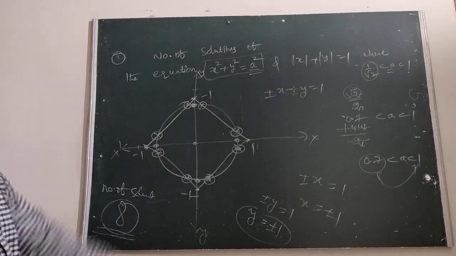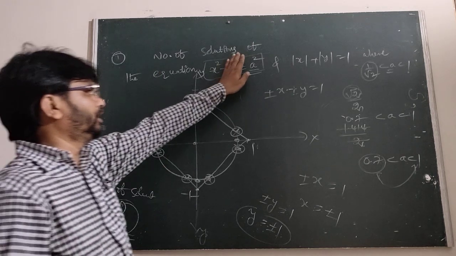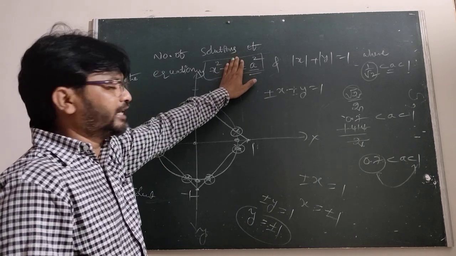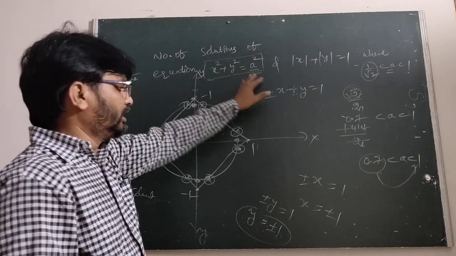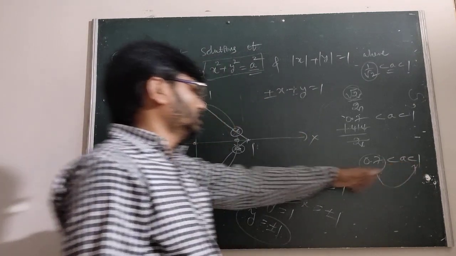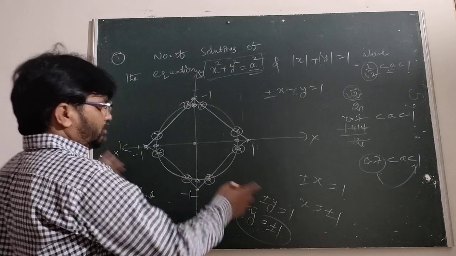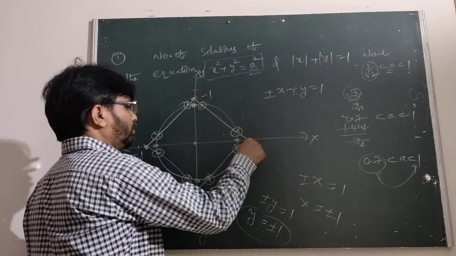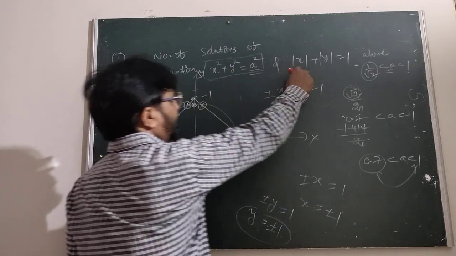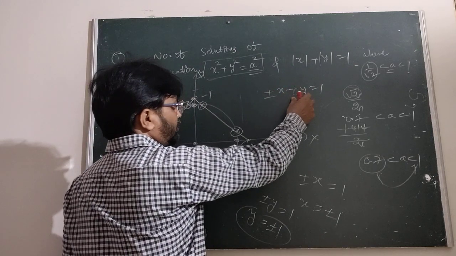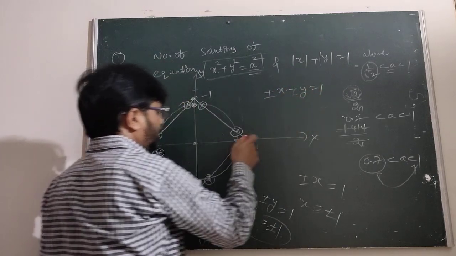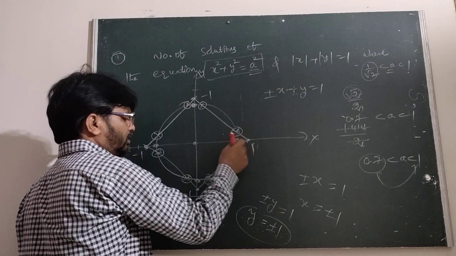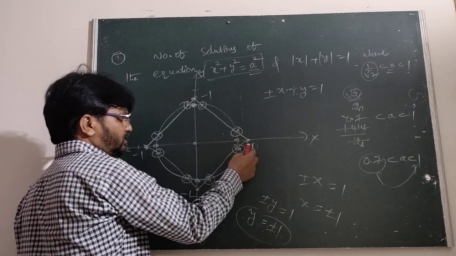So we take the first equation, the circle. When you take y equal to 0, we get x equal to plus or minus a, which lies in the interval 0.7 to 1, undoubtedly less than 1. Here, plus or minus x plus or minus y equal to 1. But the radius of the circle must be less than 1.